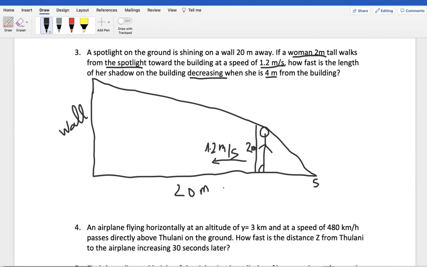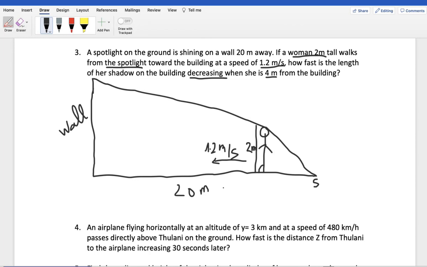And they're asking us to find how fast the length of her shadow is decreasing. Her shadow on the building is decreasing when she's 4 meters from the building.